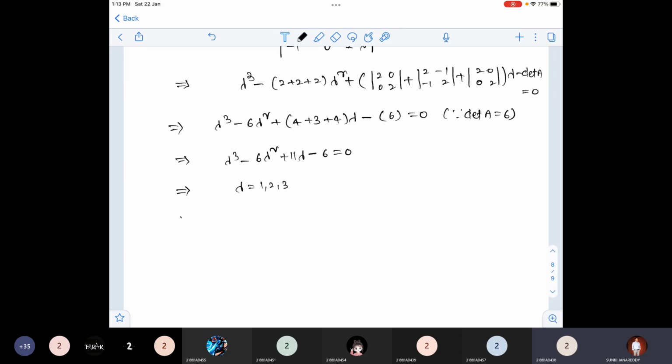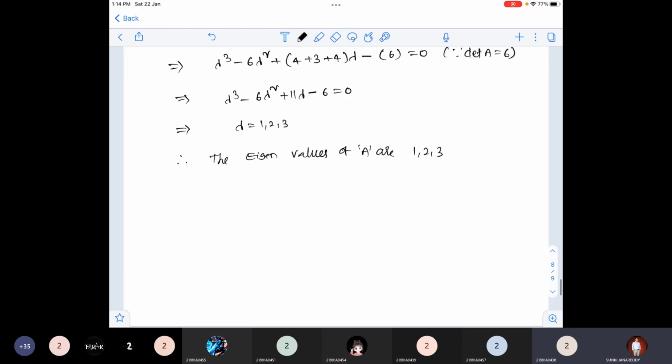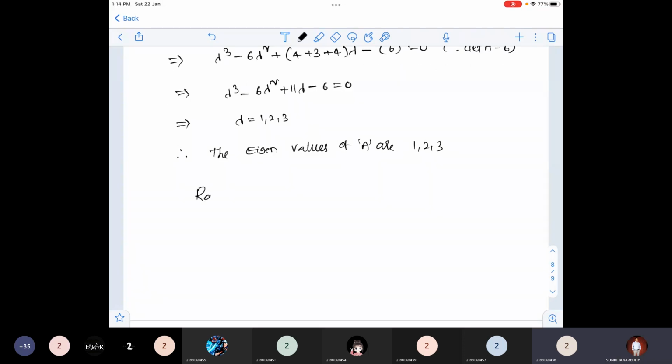Therefore, the eigenvalues of capital A are 1, 2, 3. What is the rank for this? 3. Rank is equal to 3. Index is 3. Signature is 3.